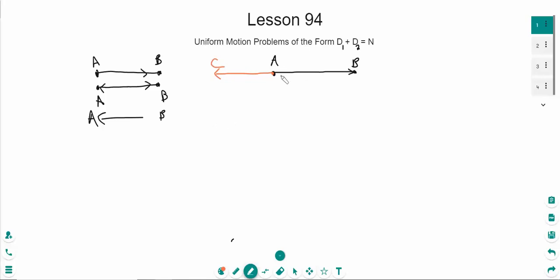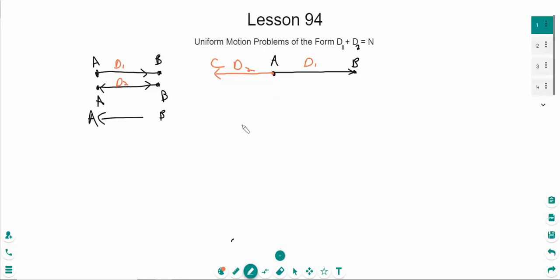And so clearly, this orange line doesn't have to be the same distance as this black line. So this might be distance 1. This might be distance 2. Clearly, they're not the same distance, or they don't have to be the same distance. Unlike over here, where this distance was always the same as this distance. Nothing changed. The distance was the same. So that is really the difference in today's story problems compared to other story problems.